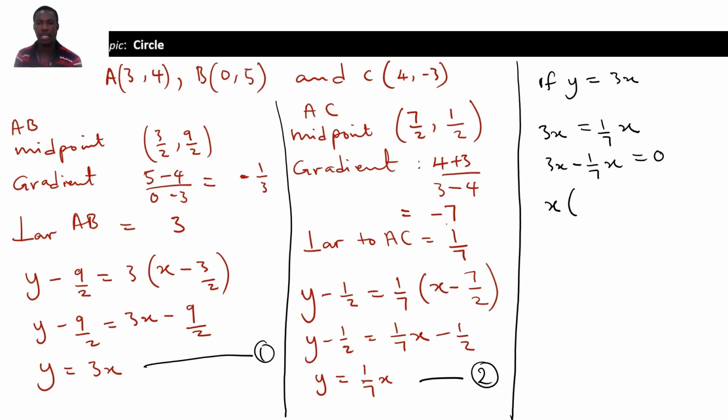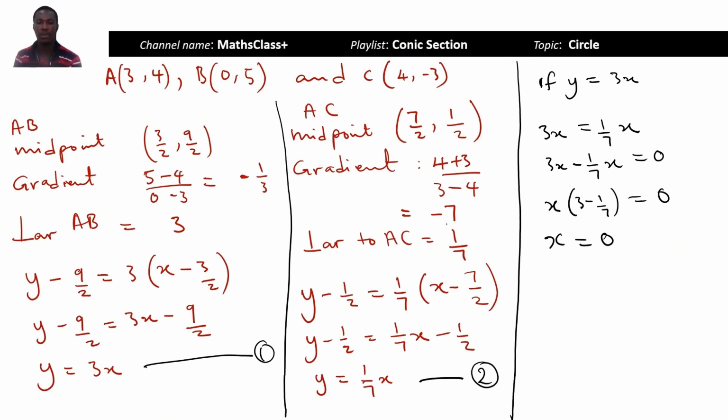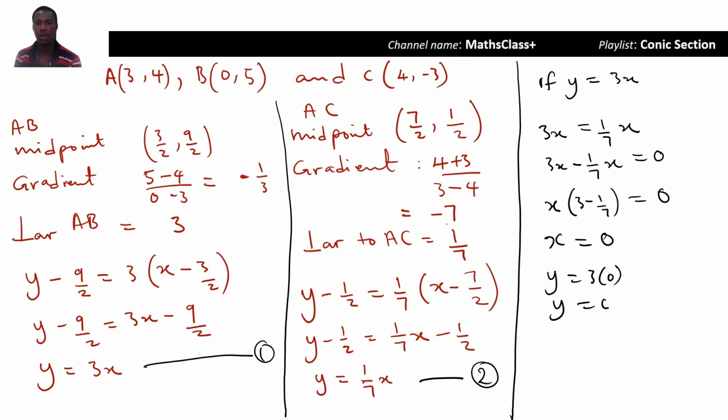I factorize x out. 3 minus 1 over 7 equals 0. Divide through by the coefficient of x. x is equal to 0. So that is the value of x. Then y is equal to 3x. So in place of x, I'll get y is equal to 3 times 0. And so y is also equal to 0. That means the center of the circle is 0, 0. Okay.